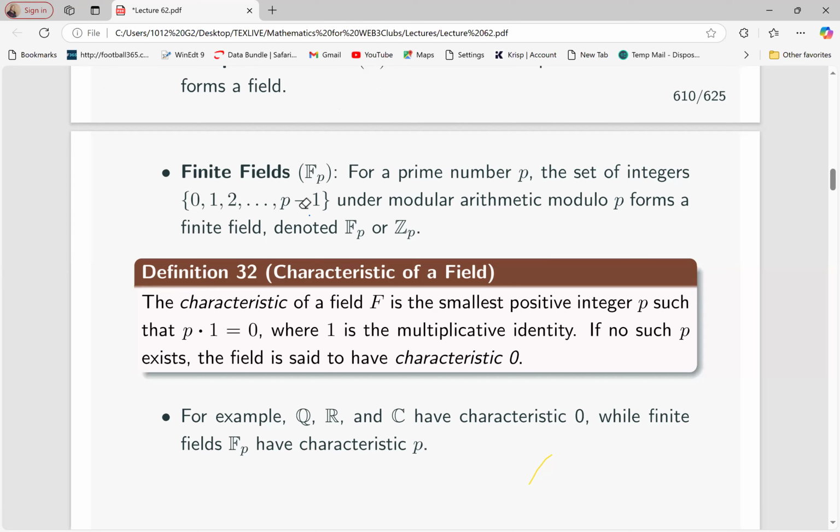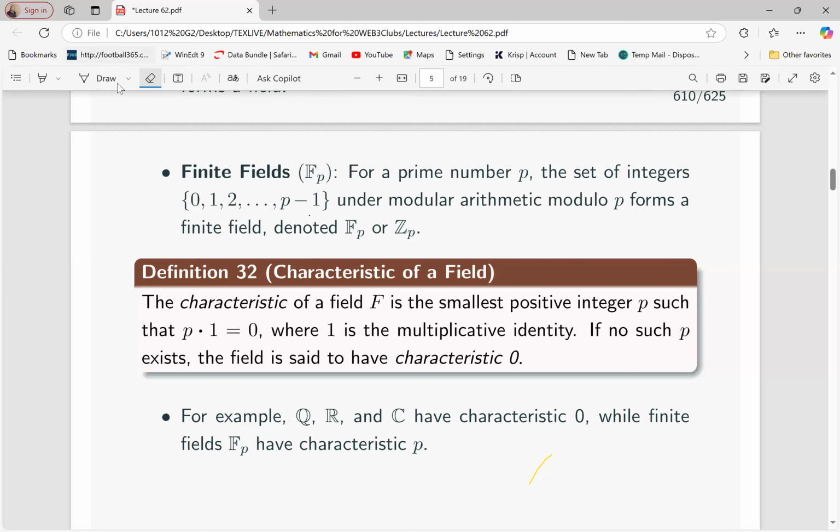Every element must have an additive inverse and a multiplicative inverse. The set should have both an additive identity and a multiplicative identity. Then we talk about distributivity, commutativity and so on. Of course, we'll look at examples of finite fields.